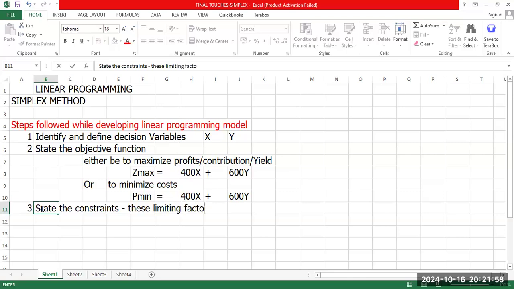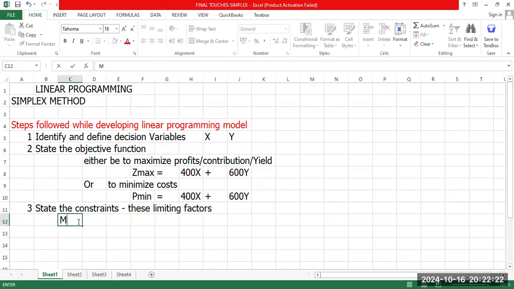As a company, you want to produce product X and Y, but there are some factors that may hinder you. Remember, you want to produce with the aim of achieving your objective, but there are some factors that may affect you not to achieve what you want.